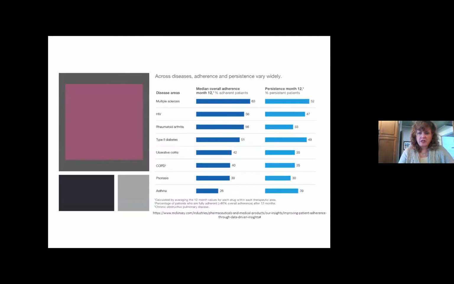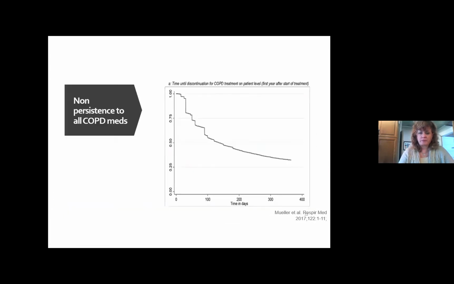From large data set analysis, we can see that there is a variety of adherence and persistence values across a variety of different diseases. But if you look at COPD on this slide, you can see that only about 40% are adhering to their therapy overall in a 12-month period of time, and only 35% are persistently adherent over a 12-month period of time.